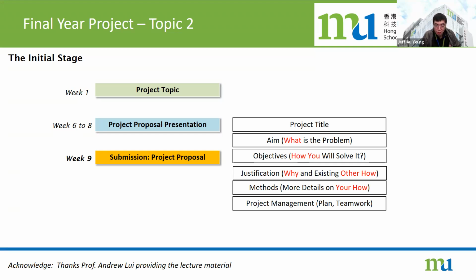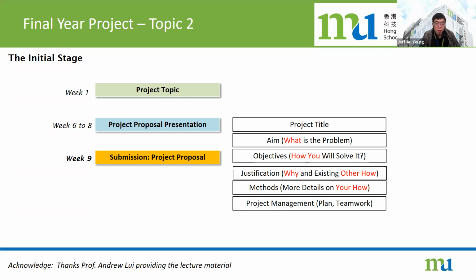For the DL students, you may still be thinking about your topics, but bear in mind that your project topic needs to be confirmed within 1 to 2 weeks, because in week 6 to week 8 we are going to do our project proposal presentation and you are going to submit your project proposal afterward. So this will be our schedule in the initial stage.